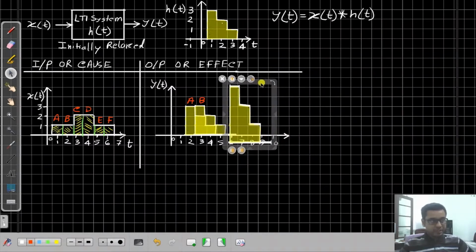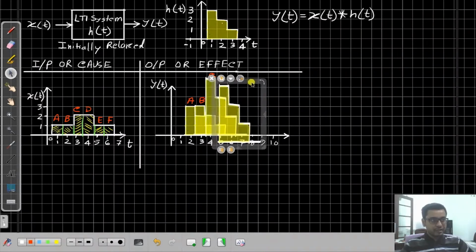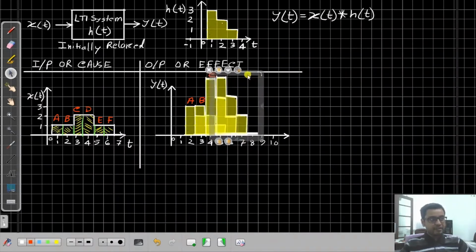Now I shall put it here. This is the output corresponding to part C. Then for part D, I will take another copy of this and put it here. That is for part D, and so on. After that, you have to add all these curves together, and I am leaving that addition for you.